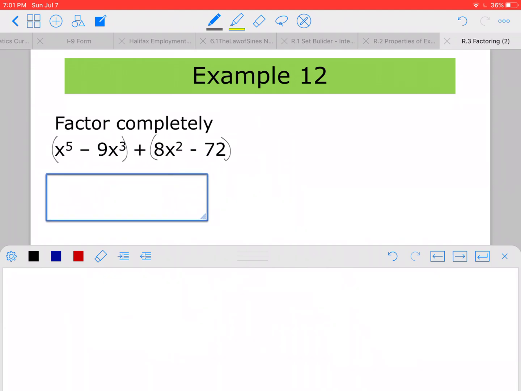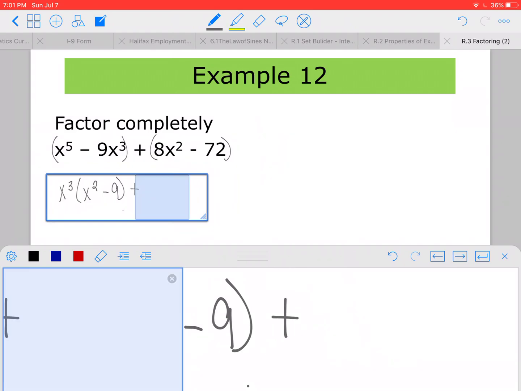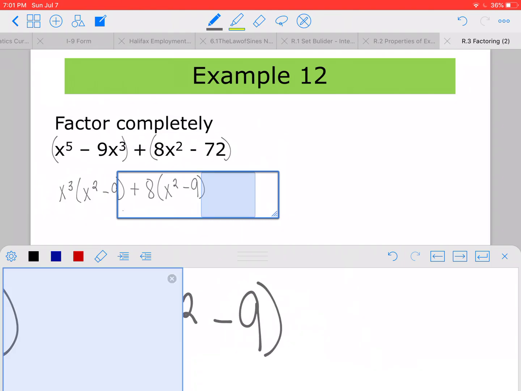In the first pair of terms, we can bring out an x cubed. We're left with x squared minus 9. In the second pair of terms, we can bring out an 8, and we're left with x squared minus 9. Let's change that to a color.